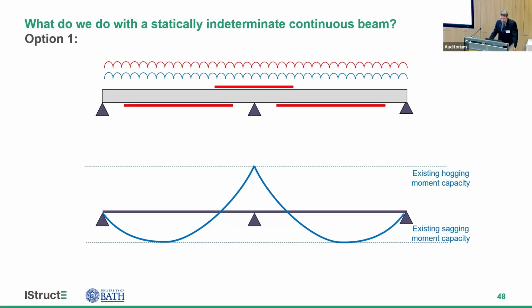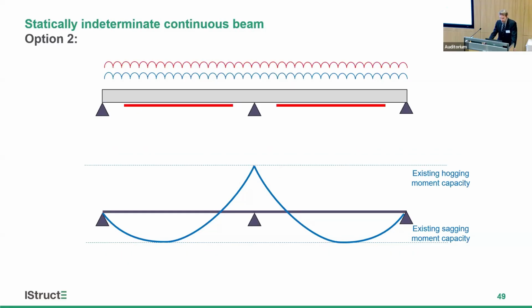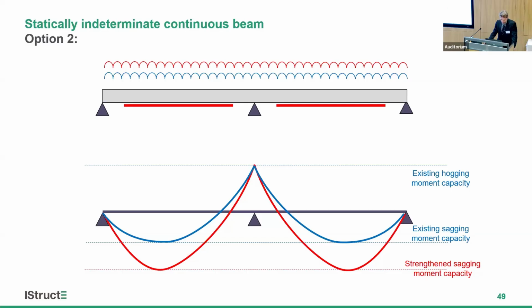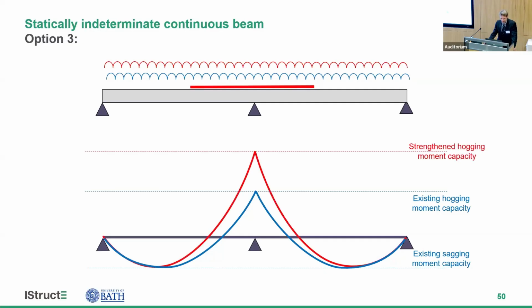Our first reaction might be to strengthen both the hogging and sagging zones by adding FRP on the tension side, and that will obviously increase the hogging and sagging moment capacities. Or we can just increase the sagging moment capacity, so we get an increase in moments like that, or we can increase the hogging moment capacity, so we get a moment diagram that looks like that.